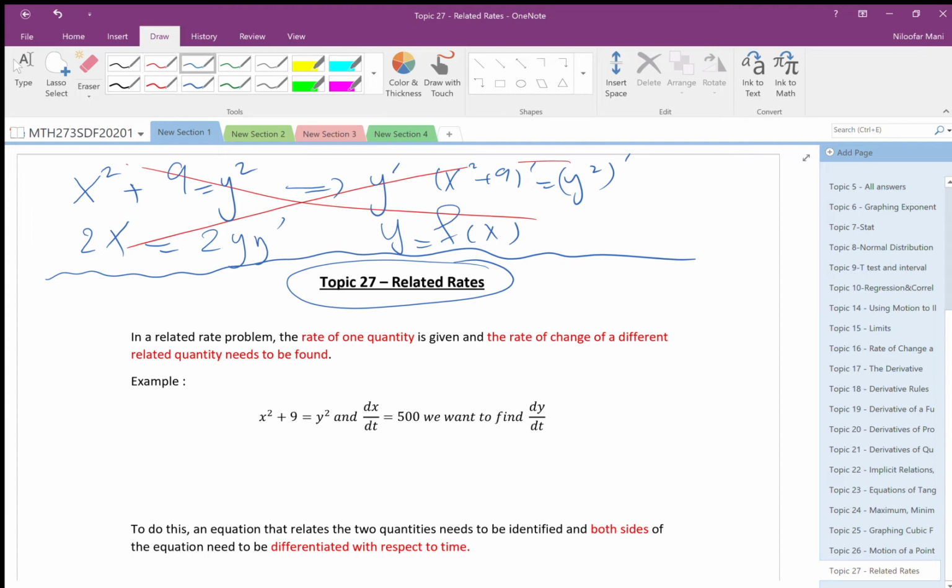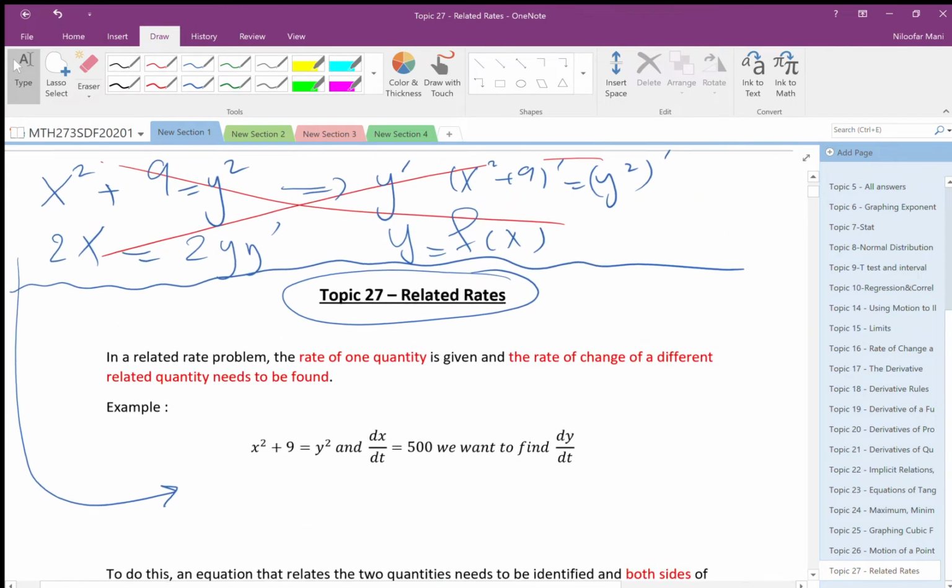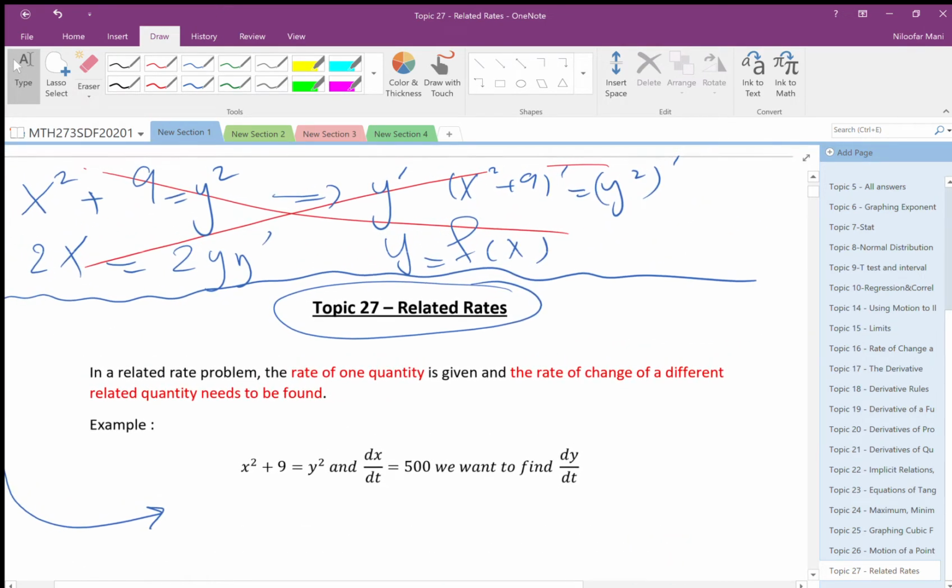Okay, so maybe I can repeat the same question here. See, I have x squared plus 9 is y squared. It says x prime is 500. So x prime is not 1 because x is with respect to t.